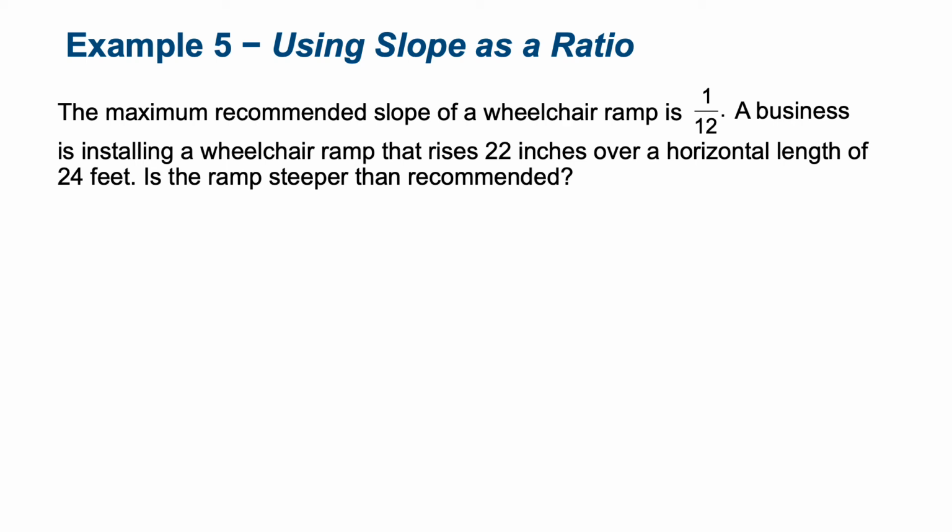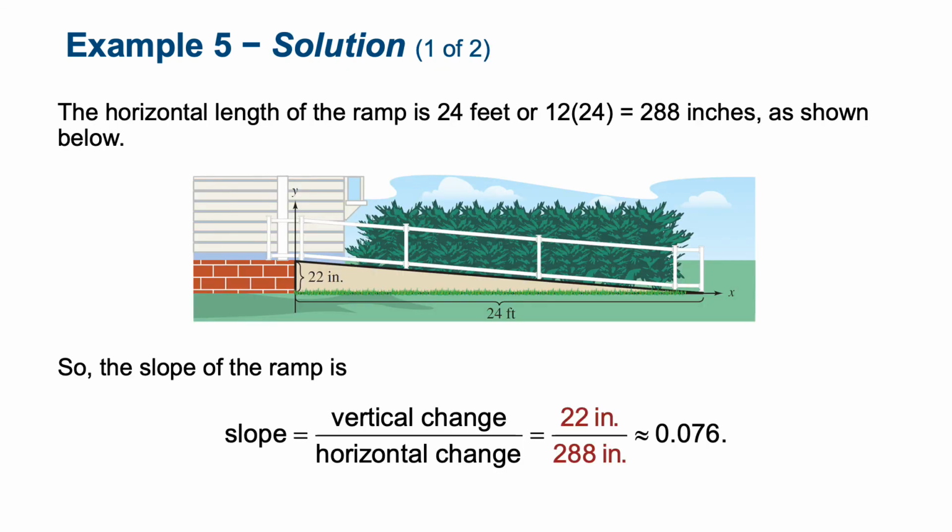Okay. So let's see here, the maximum recommended slope of a wheelchair ramp is 1/12. A business is installing a wheelchair ramp that rises 22 inches over a horizontal length of 24 feet. Is that ramp steeper than recommended? Okay, so how would we do this? We're obviously comparing rise over run, yeah? The horizontal length is 24 feet, so we need to convert it to the same unit. 12 times 24 is 288 inches. The slope would be vertical over horizontal, so 22 over 288.